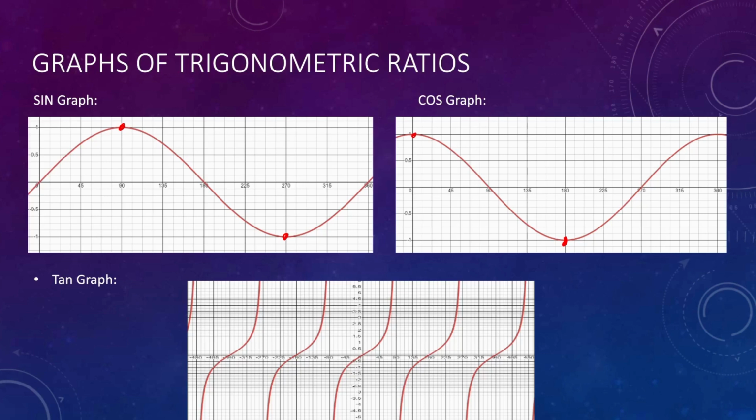Now for the tan graph, as you can see, the lines are not going to touch -90, or 90, or 270, and even this 450 line.